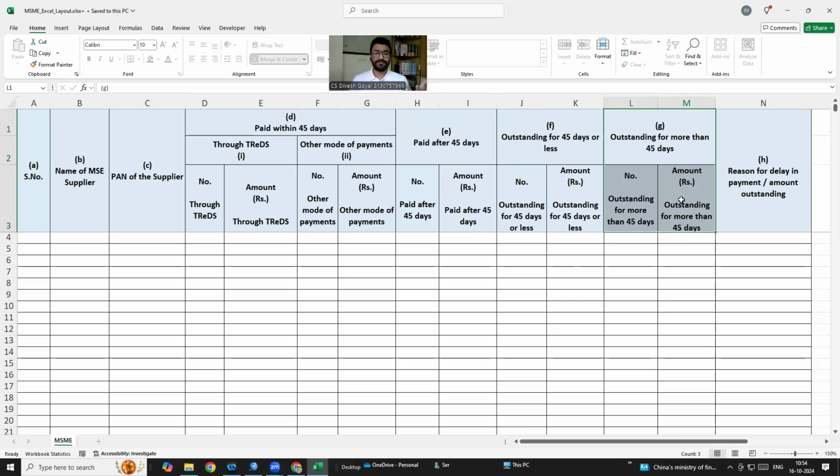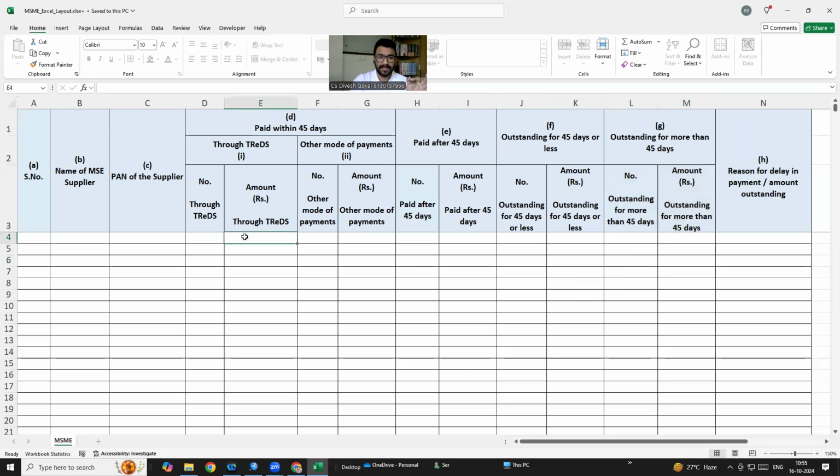So practically what we should try is that our company should not make any delay in payment to MSME vendors more than 45 days. Because if there is no delay to any vendor, then we don't have to file this form. But even if there is a delay of a single day after a single transaction after 45 days, then you have to fill this form.